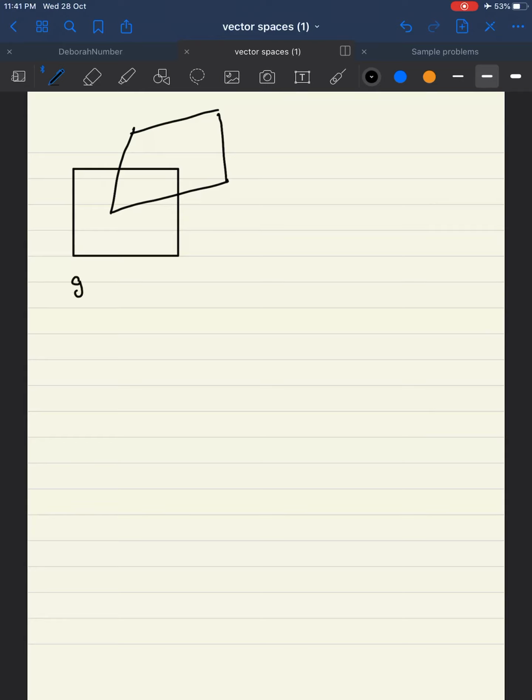Okay, so this is a general deformation. Then this deformation can be seen as a combination of either translation, where you had the initial square somewhere and now it has moved to another location. Okay.